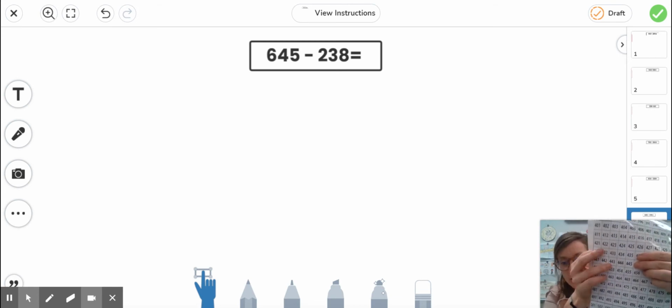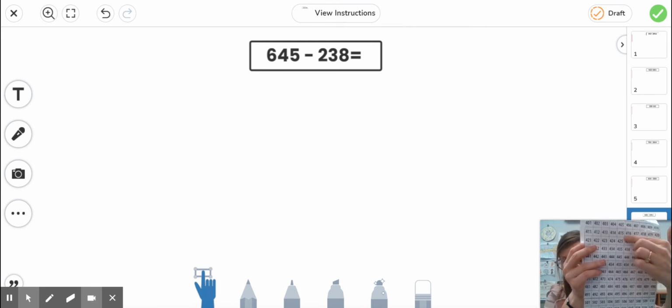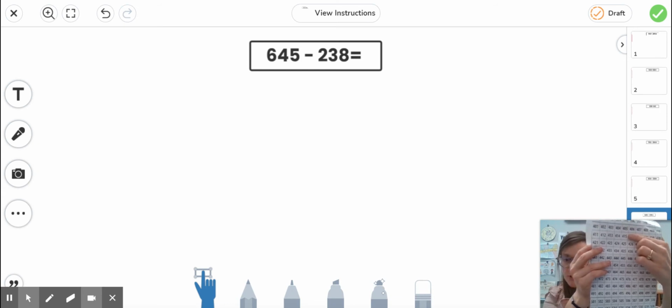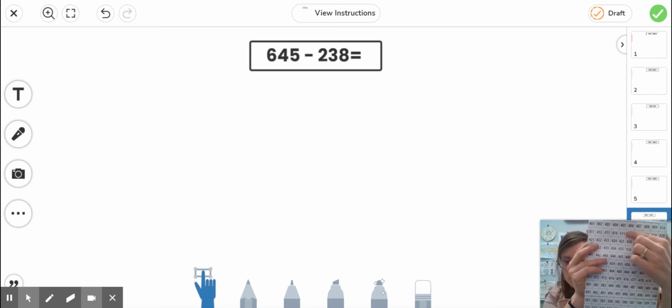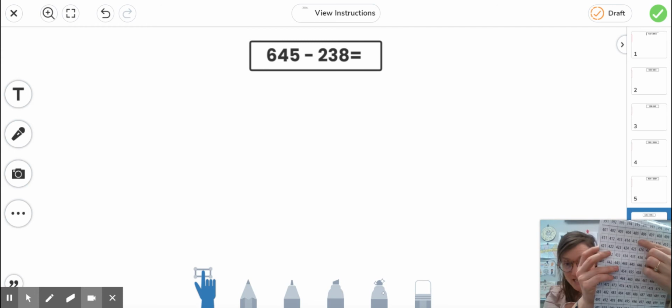So if I just go this way, 10, 20, 30, I'm going to end up at 415, right? I just went back 10, 20, 30. So if that helps you to visualize and to get those answers, use your thousands chart as you're making your number line. Because now I need to go back 8.